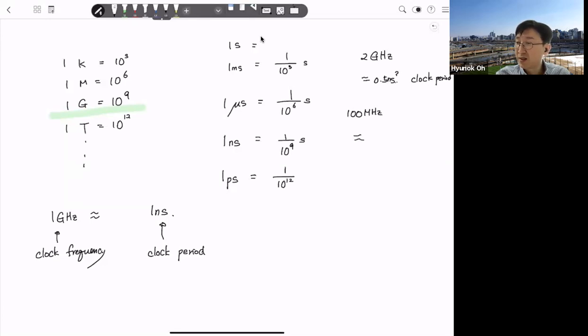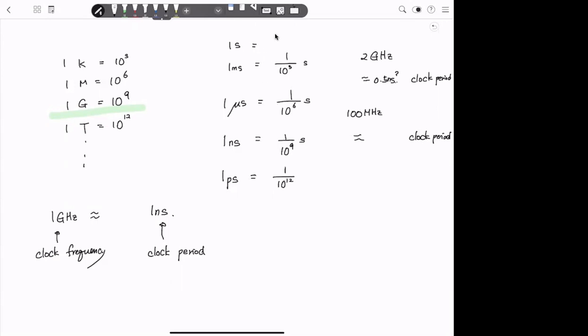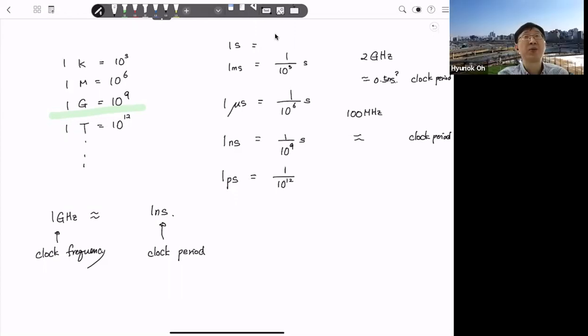Then what's the clock period? Yeah, type in the chat window, please.